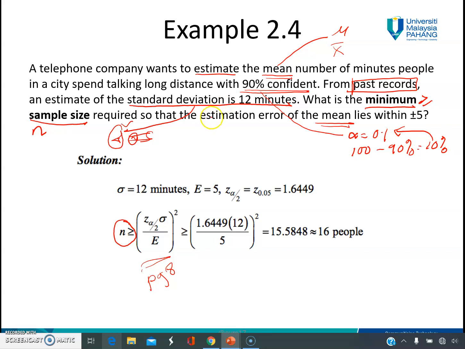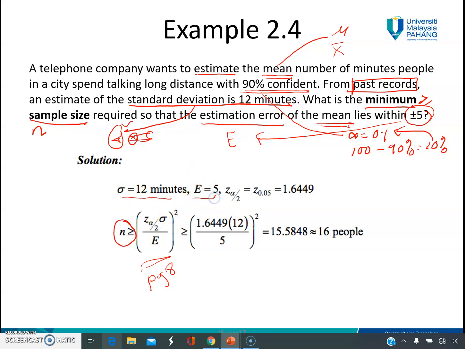Alright, and then another important information here: estimation of the mean lies within plus minus 5. So this one is estimation error denoted by capital E. So you have the formula here. Alright. So if you look at page 8, this is the formula. So if you look at the formula, you have the value from the above information.